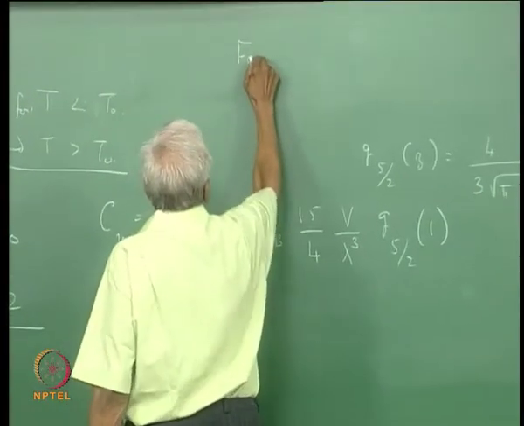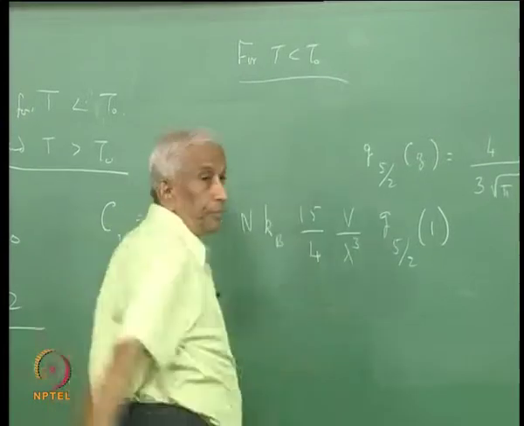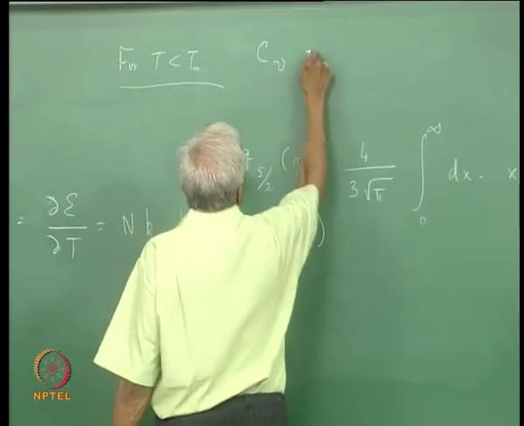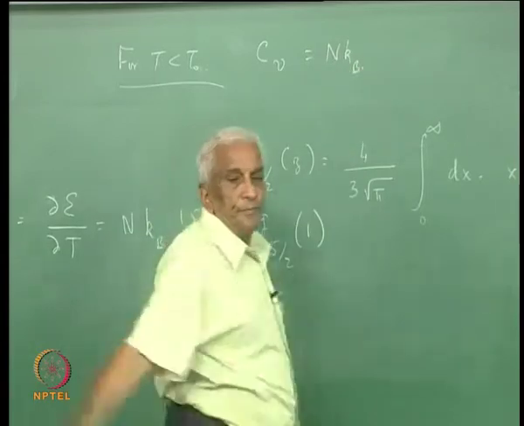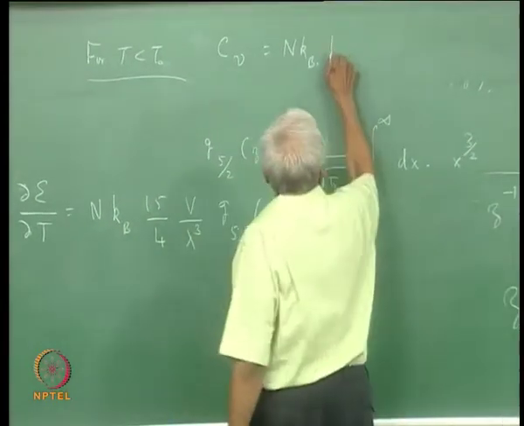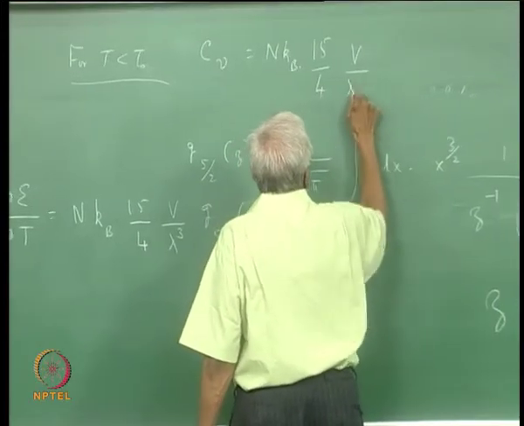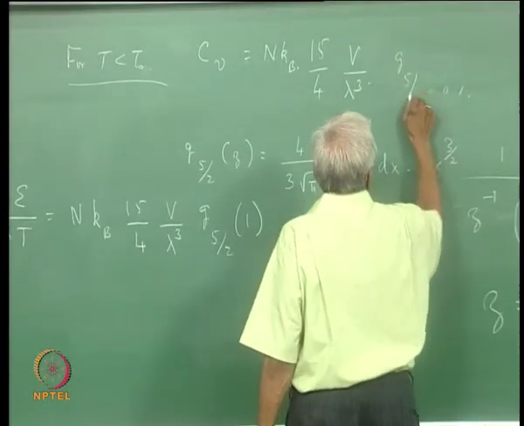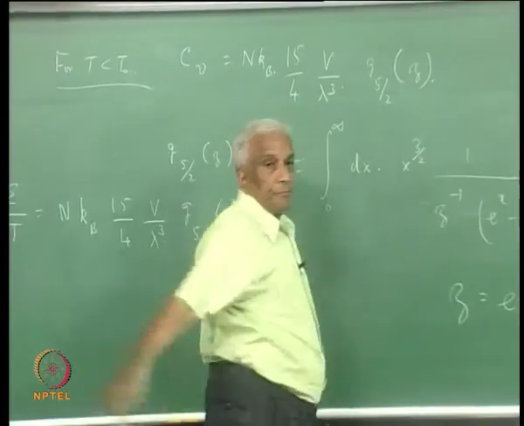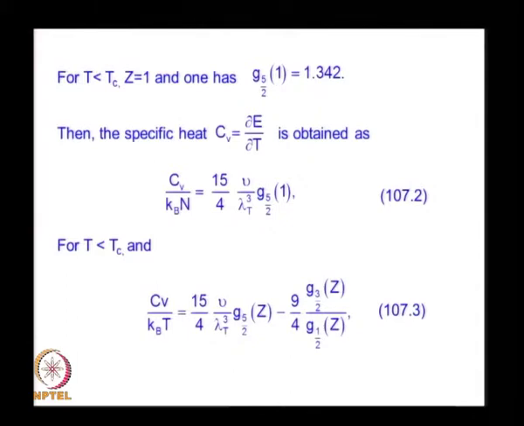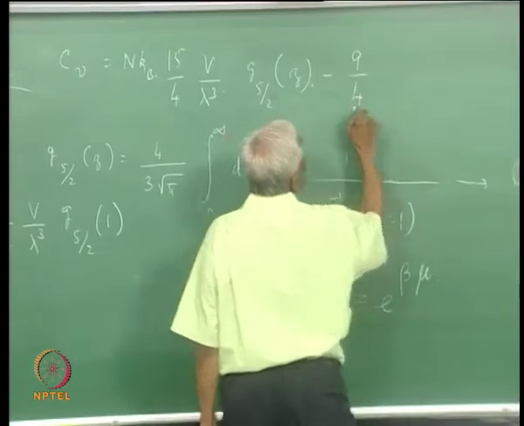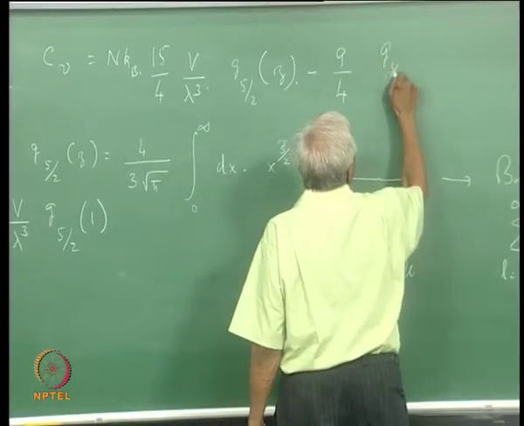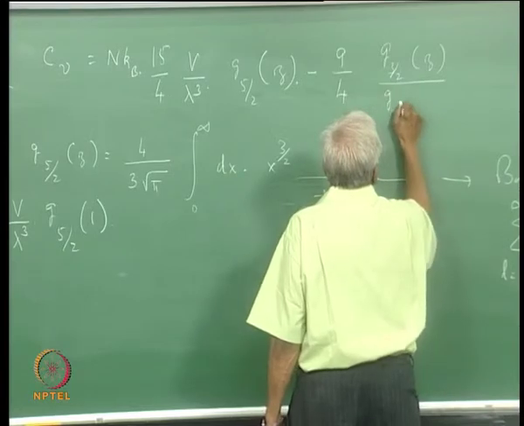For T greater than T naught, in the same way we can get Cv equals N kB into [15/4 V/λ³ g_{5/2}(z) minus 9/4 g_{3/2}(z) divided by g_{1/2}(z)].